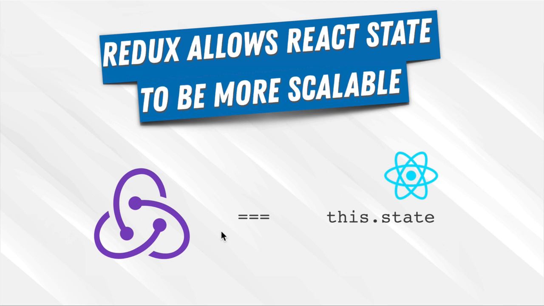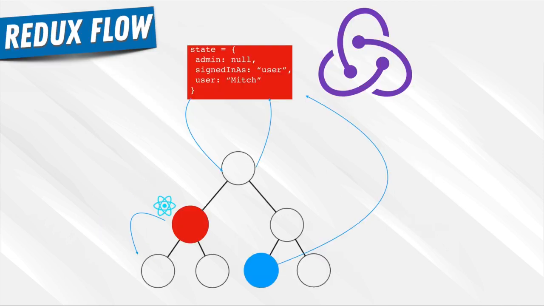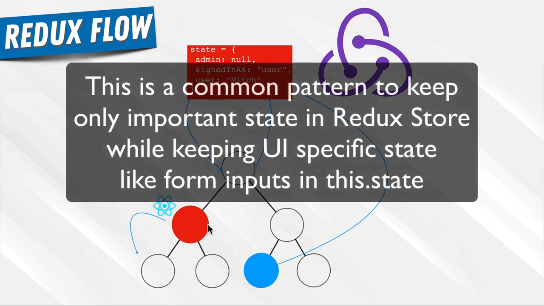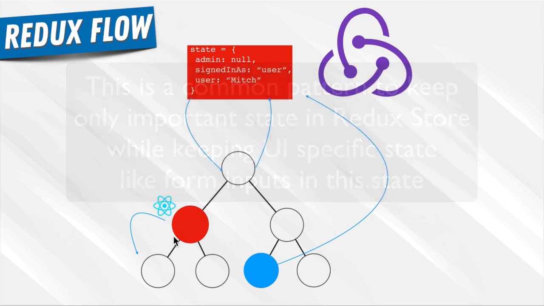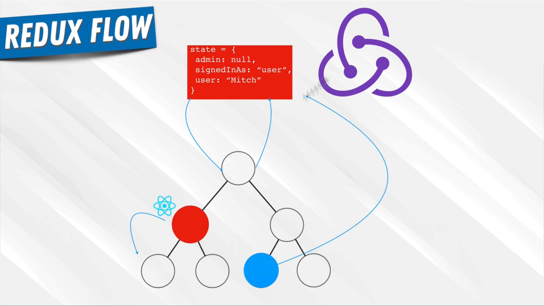But one caveat. You could technically have Redux with the state, but also still keep a little bit of React state in a component. Redux doesn't completely replace this.state or this.setState in React. You can still use them together.